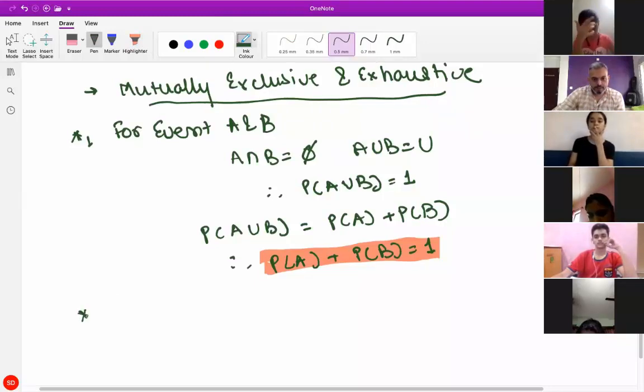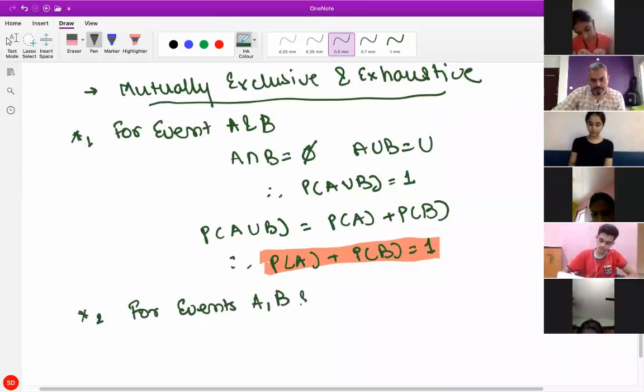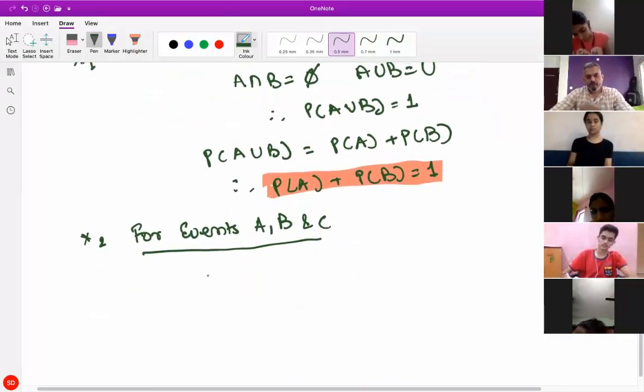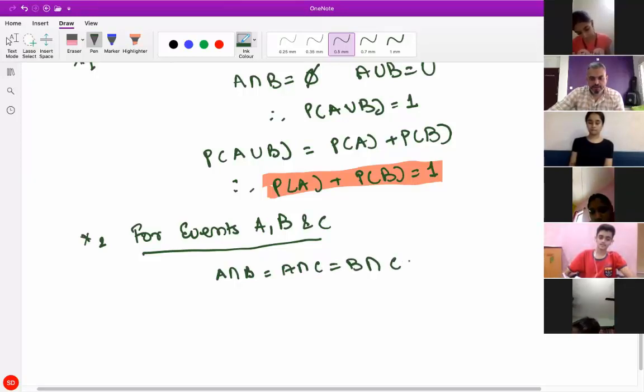Now for events A, B, and C, if they are mutually exclusive and exhaustive, then A intersection B is equal to A intersection C is equal to B intersection C, which is equal to A intersection B intersection C, all are equal to null.